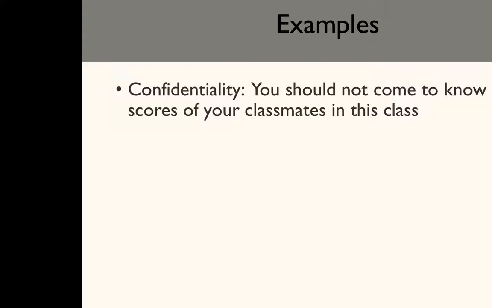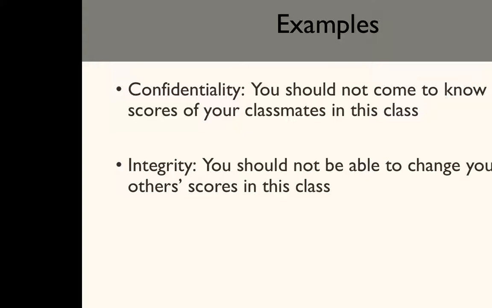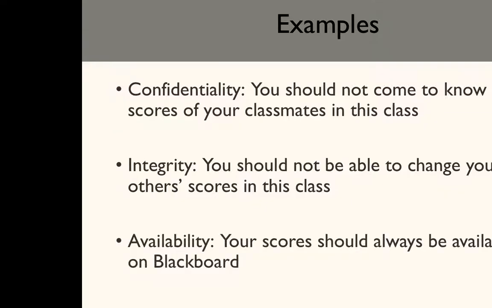Integrity is about not changing your final score or someone else's final score in the system. You cannot tamper with its integrity. And availability means your score and all the lecture notes and materials in this class should always be available on Blackboard, so you can have access.